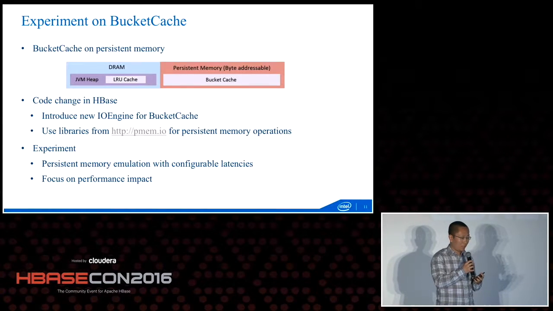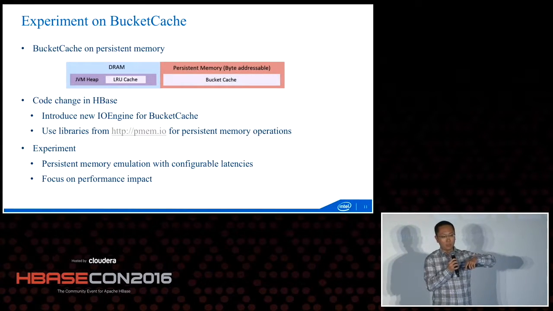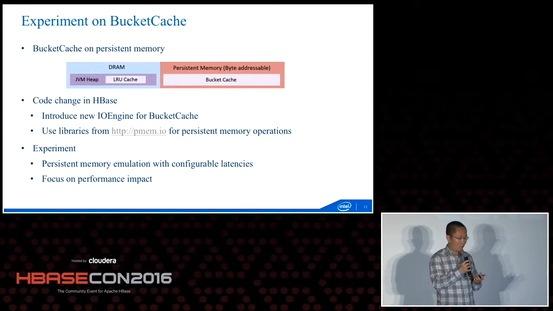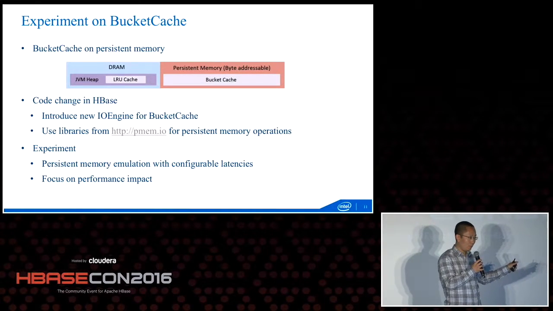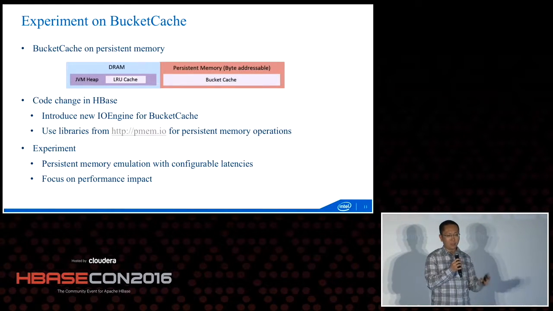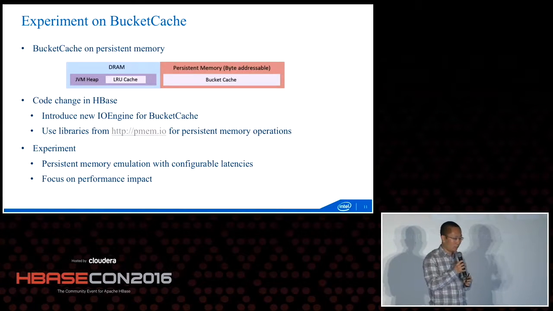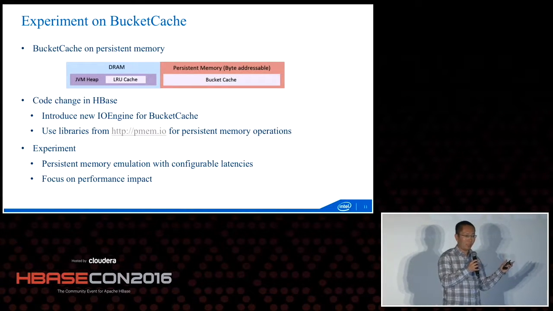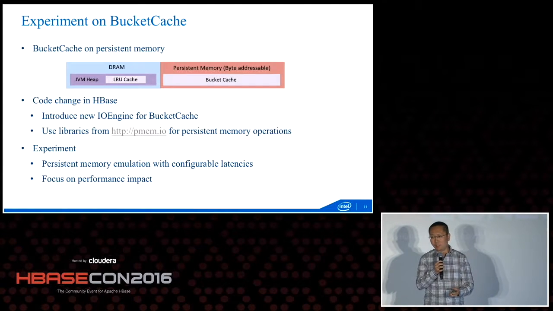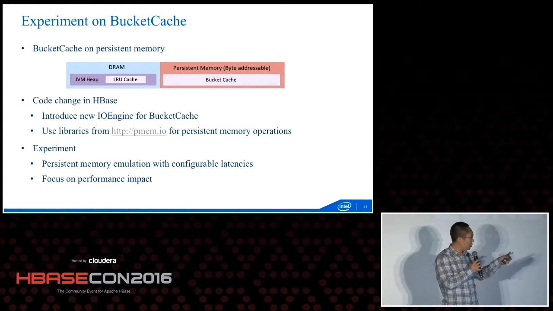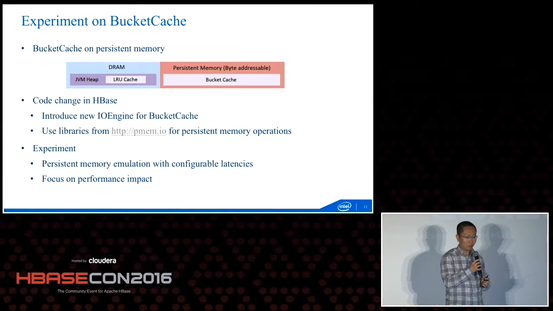We put the bucket cache onto the persistent memory, so that you have an LRU cache on regular DRAM with your regular JVM heap, and then the bucket cache, which looks very similar to an off-heap cache, is on persistent memory. What we did is introduce a new I/O engine inside the bucket cache, and for the native allocations and operations on native memory, we used the pmem.io implementation.